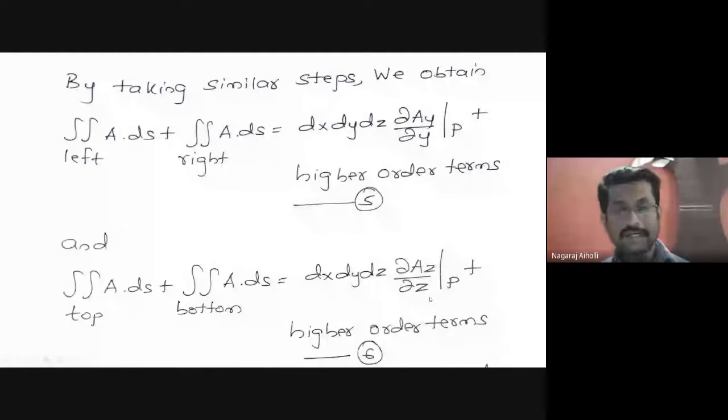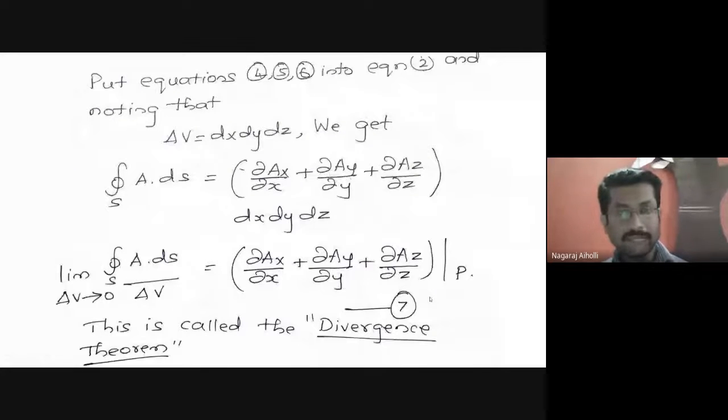Then I will add the three equations we are getting. Then taking the closed surface integral of A dot ds, that will give the common term dx dy dz multiplied by dou ax by dou x plus dou ay by dou y plus dou az by dou z. What is dx into dy into dz? Length into breadth into height, that is delta v. So if I take this delta v to the LHS, it will be the limit of the closed surface integral of A dot ds divided by delta v, as delta v tends to 0, is equal to this.